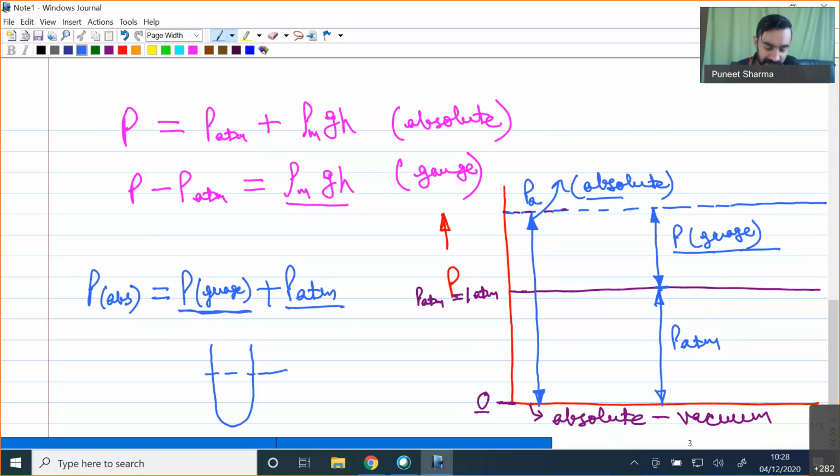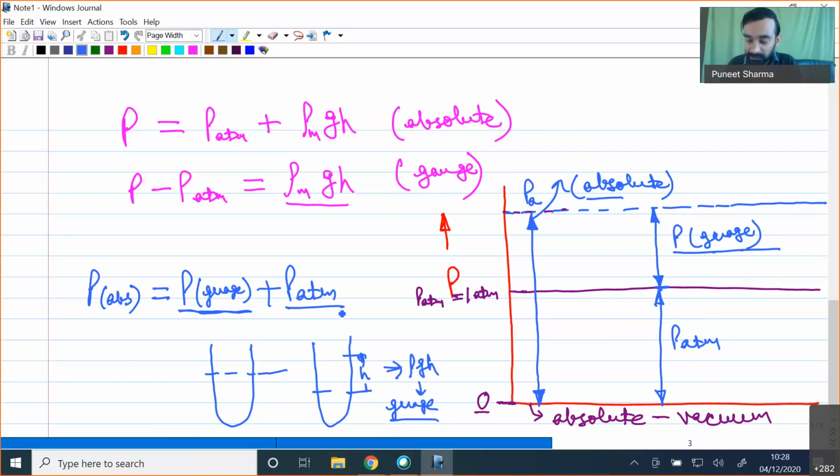So if we only see the difference of height in the manometer, this h, whatever rho g h value I get will be my gauge pressure. If I have to convert it into absolute, then I have to add atmospheric pressure.